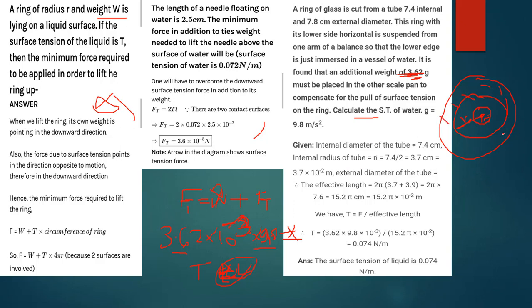Kuna upande wa nje. Kwa length ya upande wa nje itakuwa ni, hii ni cycle, itakuwa ni 2 pi r, lakini ni r ya external kwa sababu tunaongelea hii cycle kubwa ya nje yenye radius r ya external. Kwa hiyo plus hii ndo ni effective length.